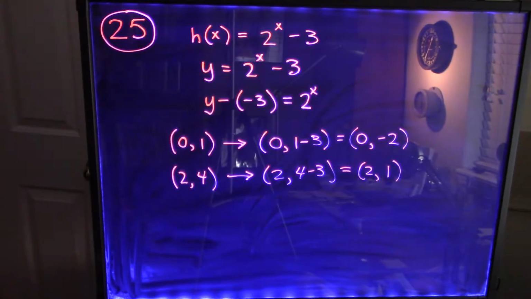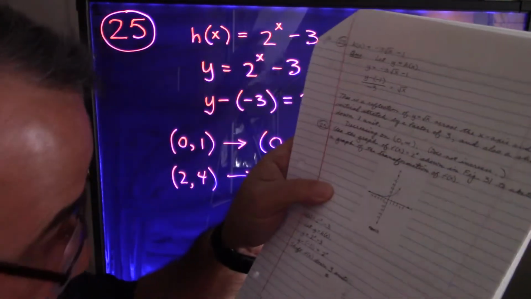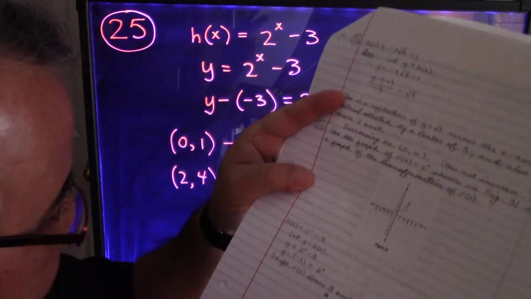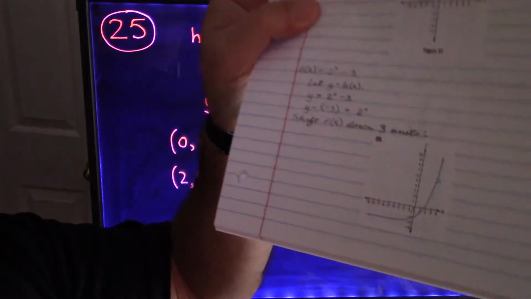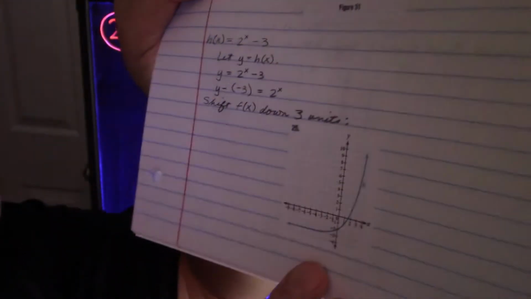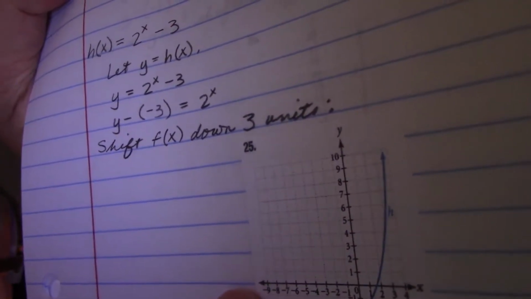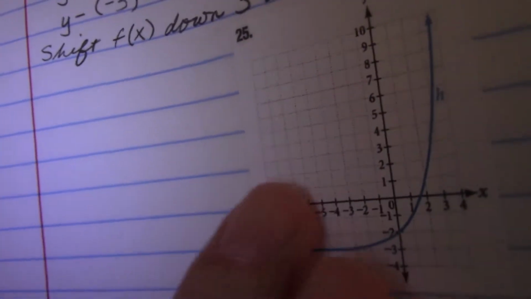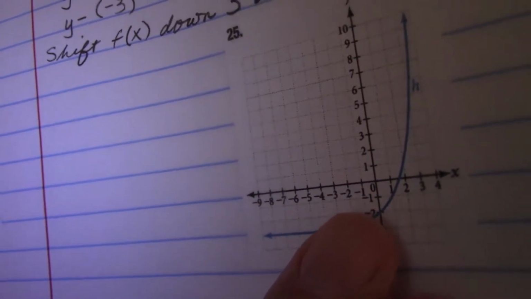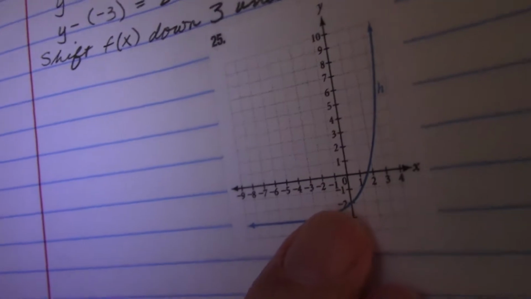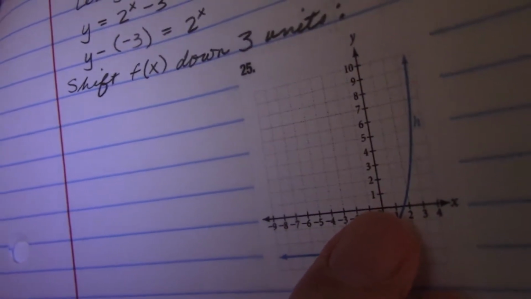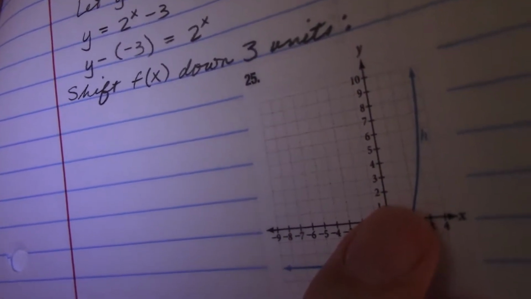So those are 2 new points on the transformed graph, and let's see if that bears out with the answer. I'm just going to refer you to the answer in the book. So we should have the point 0, negative 2 on there. 0, negative 2, there it is. And we should have the point 2, 1. 2, 1 right there.